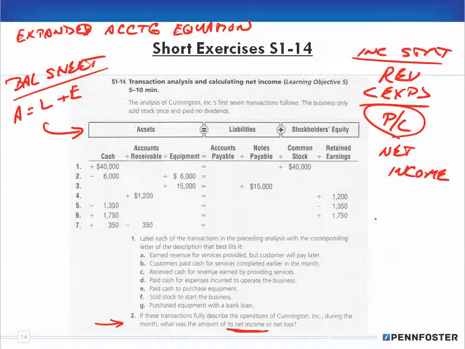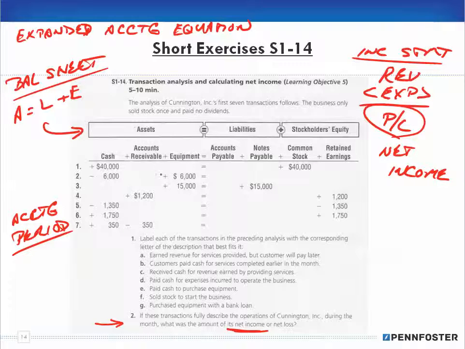Now, I had in previous videos, as a quick overview, said that when we first start out our accounting period, our accounting equation is in balance. Our assets do equal our liabilities plus owner's equity.